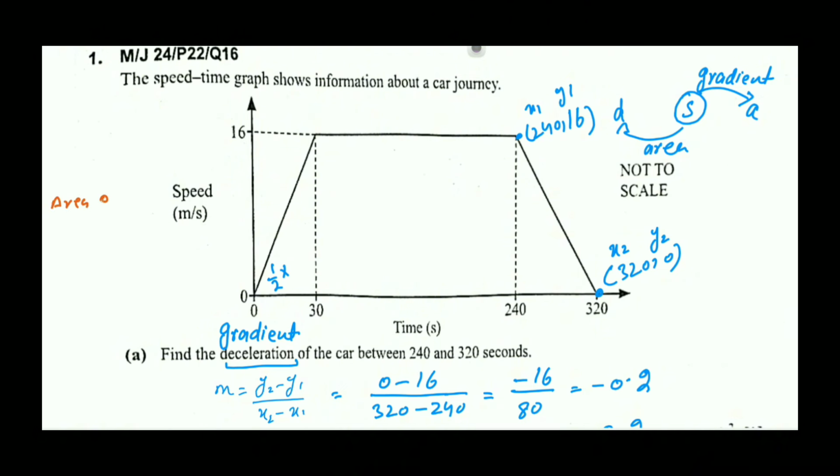Area of a triangle is 1 over 2 into length into breadth.